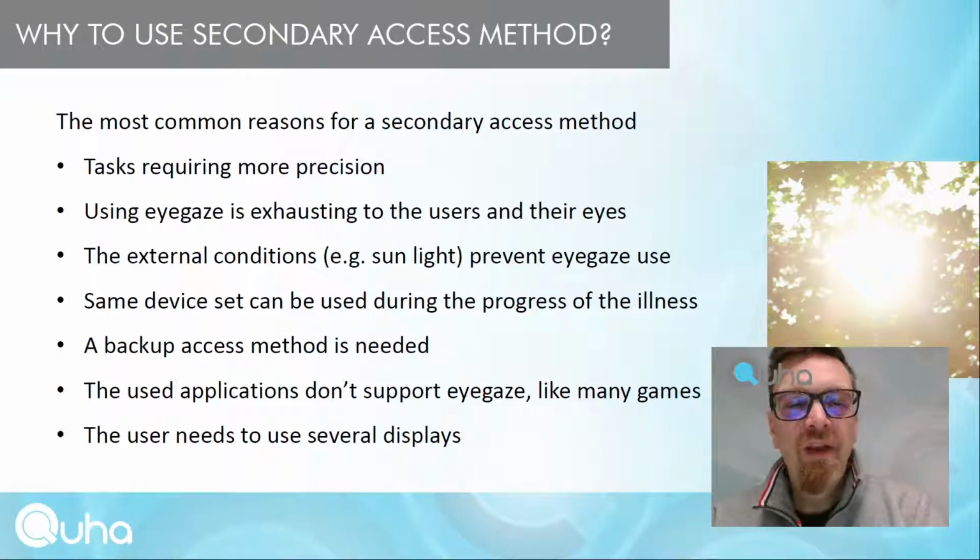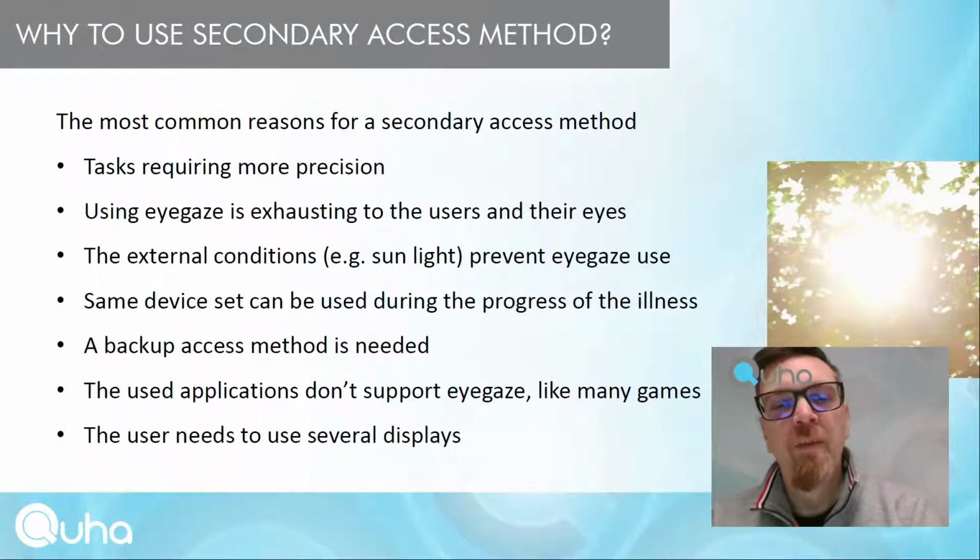Then, if the user has a progressive illness like ALS, maybe it's a good idea to start with two devices from the very beginning. If the user learns to use, for example, Quha Zono and then an eyegaze device, during the progress of the illness there won't be any learning curve for him or her.